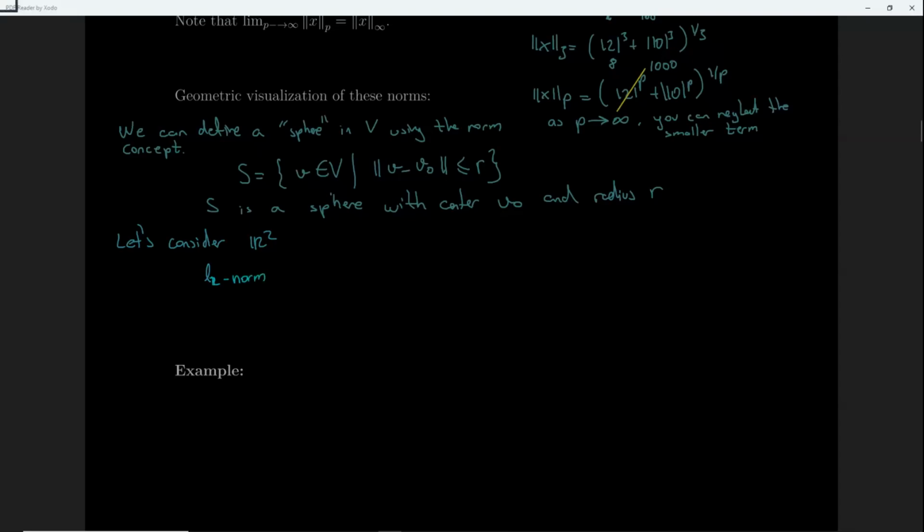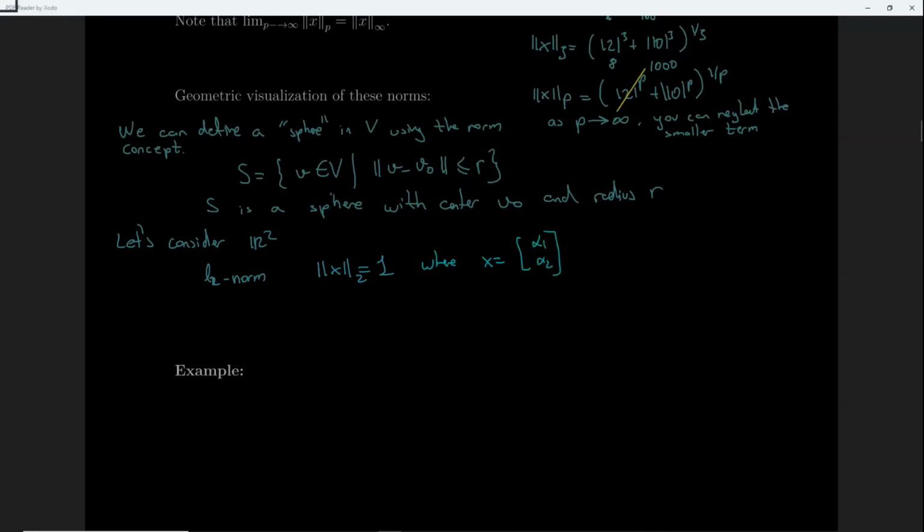We would like to find the points where the norm of x is equal to 1, where x is equal to alpha 1 and alpha 2.